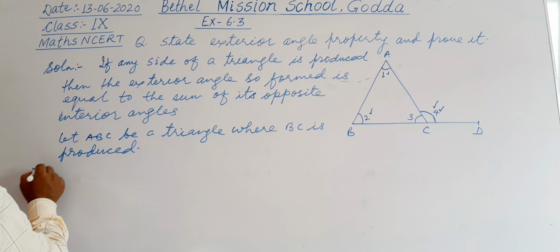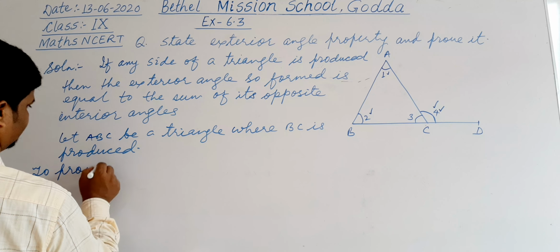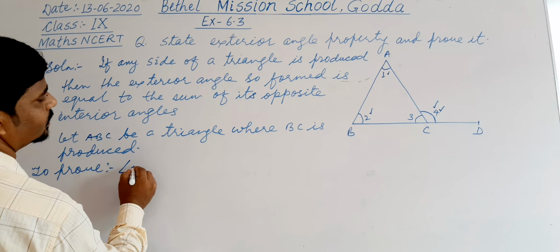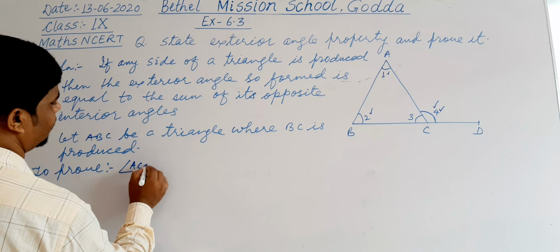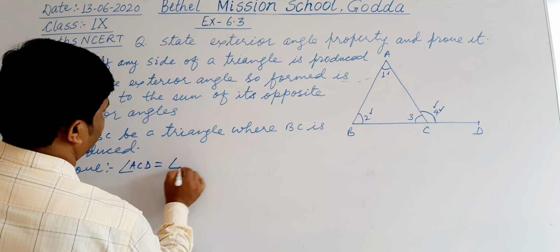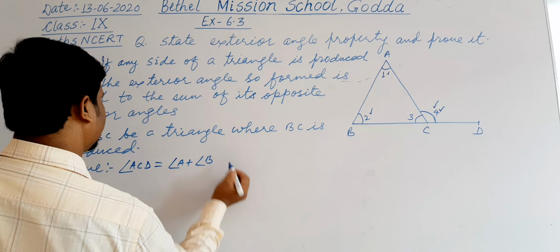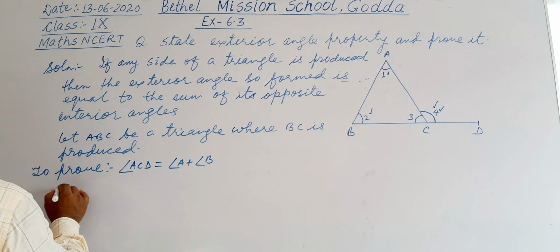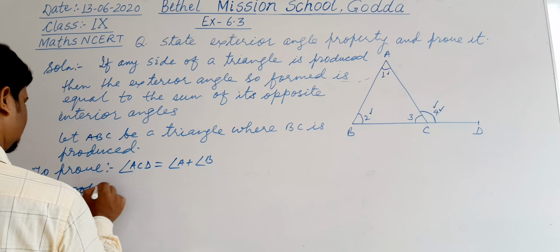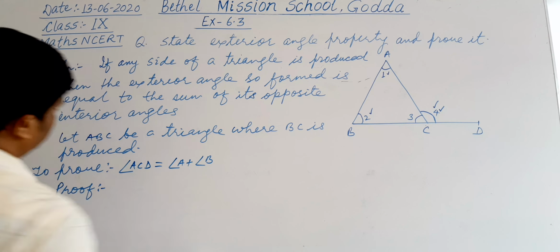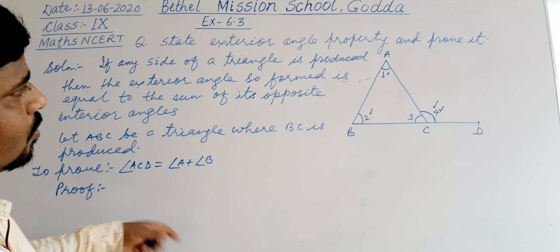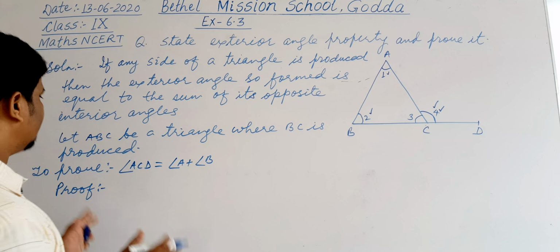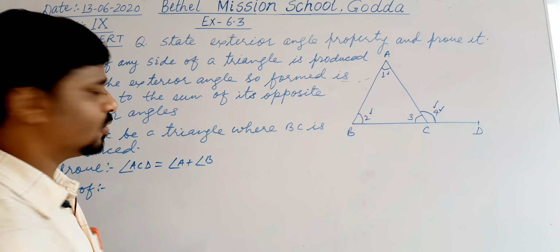To prove: angle ACD equals angle A plus angle B. There is no construction, so we will write the proof. In the proof, we have to write the things which are given and which will help to prove the required theorem.